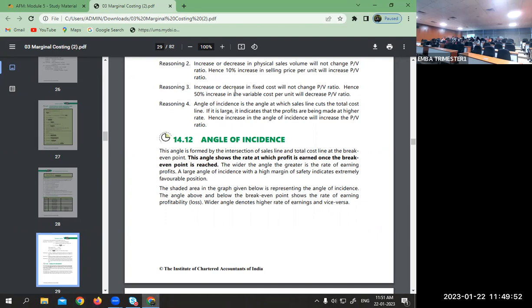Chapter number 3. What is that? Cash flow statement. 5 marker, we decided. So in the 10 marker, theory again. What are the uses of a cash flow statement? Or the format of a cash flow statement? Or I can ask you some items: list out and explain 2 items under each heading of inflow and outflow.